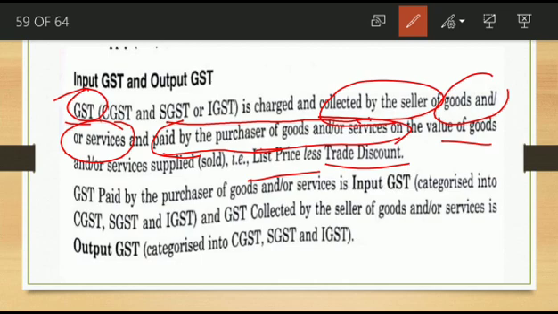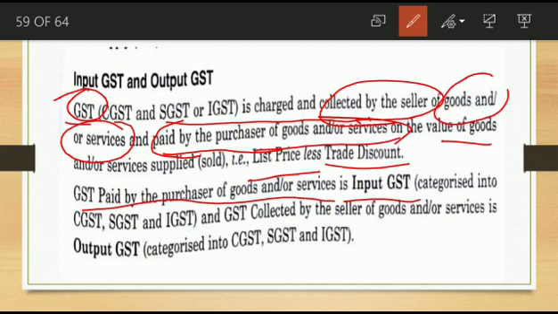So value of goods means list price less trade discount. The purchaser of goods or services must pay this amount to the seller. Now, GST paid by the purchaser of goods or services is input GST.